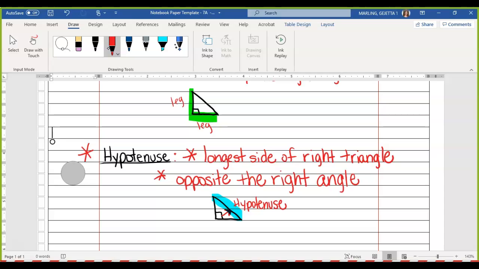It's always going to be across from the right angle. The triangles aren't always in this nice, pretty shape where it looks like it's sitting up straight, so you always want to look for that right angle and then go directly across.